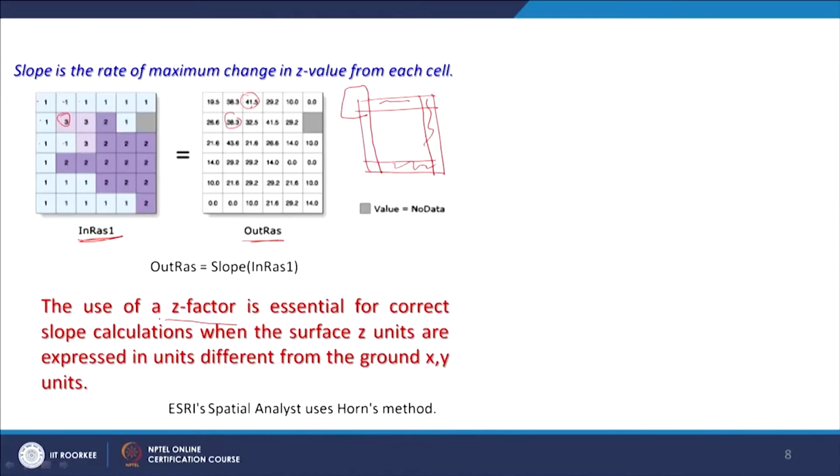Another very important part, which I was very keen to discuss here, is called the z factor. Now, as you know, when I introduced the digital elevation model, I said that there are two resolutions associated with any digital elevation model.